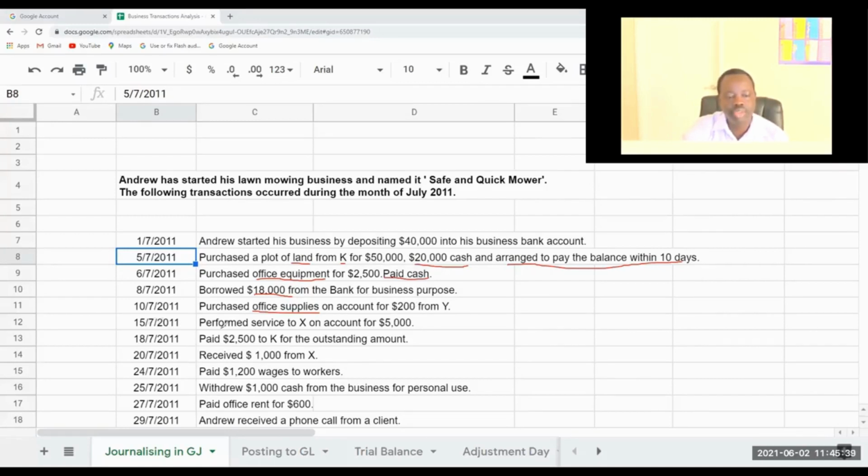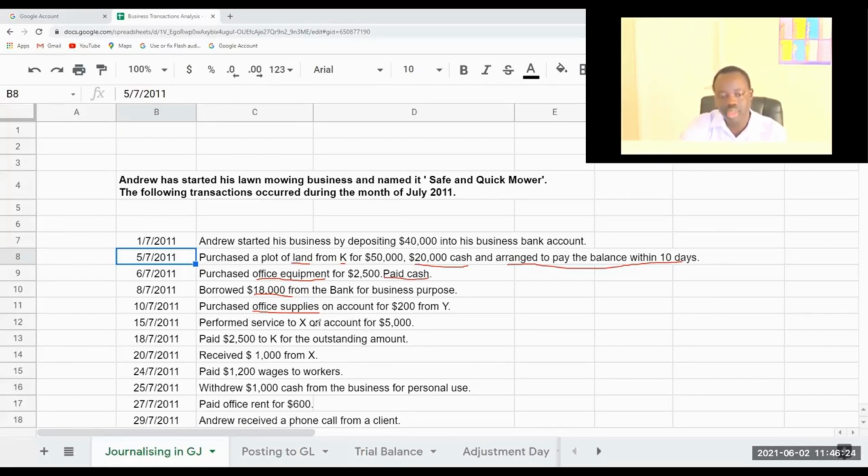15th of July, Safe and Quick Mower performs service to X on account for $5,000. If you see this one, the business performs services, or a business sold some goods on account.